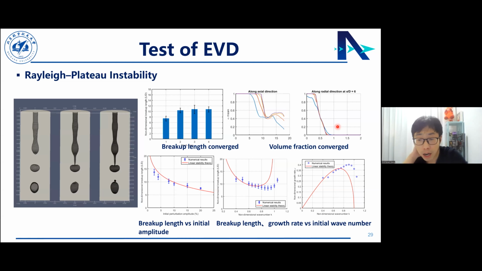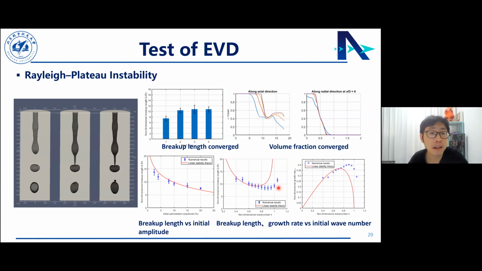Then we give the result of the growth rate versus the initial wave number of the inlet velocity perturbation. We see some discrepancy for the high wave numbers. This is mainly due to the viscosity effect, since for the ideal linear stability theory, viscosity is not considered.